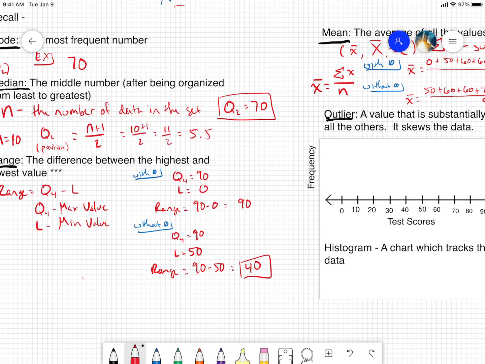So when I'm analyzing whether this was a good and effective test, that one person giving me a 0 is going to completely skew my data, and I'm not going to have a good sense of how the entire class who actually took the test did. Those are examples of how outliers negatively impact us.